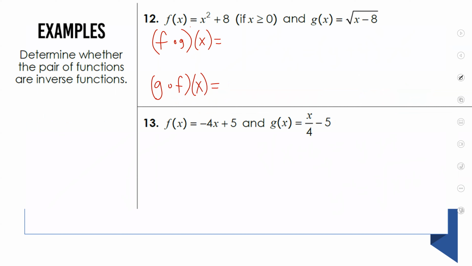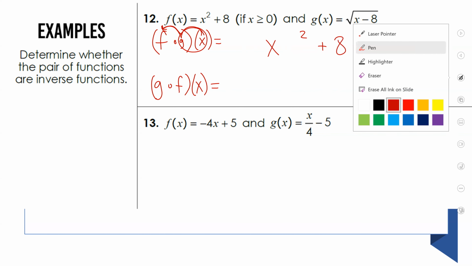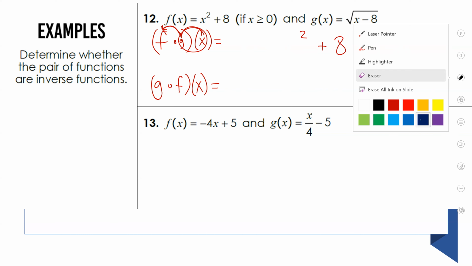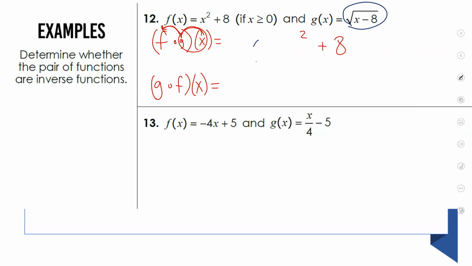I'm going to put g into f. I'm going to write f nice and big, and then I'm going to put g inside of there. So I'm going to erase this, and I'm going to put this in there. So I have the square root of x minus 8.